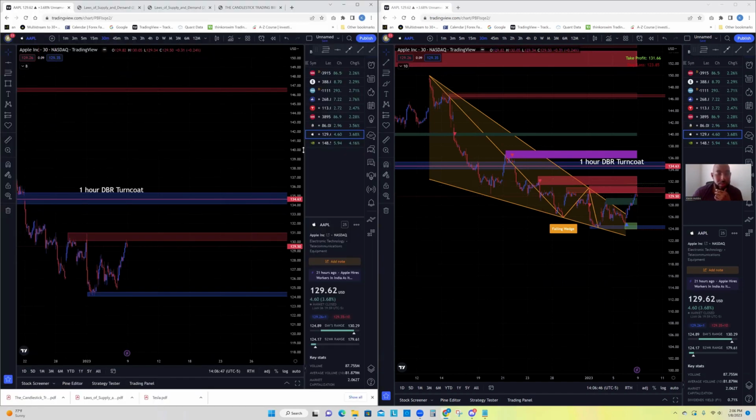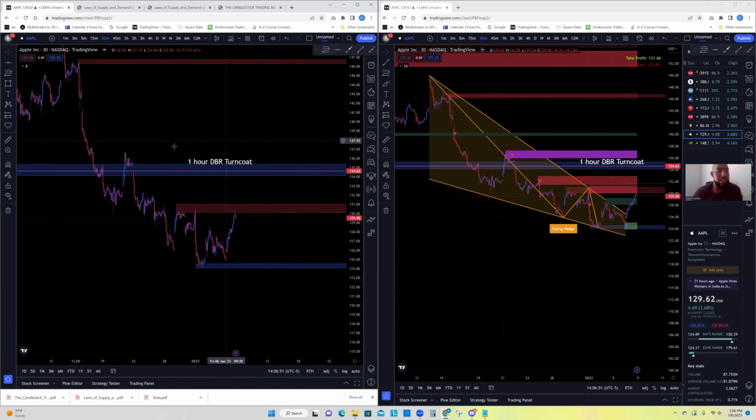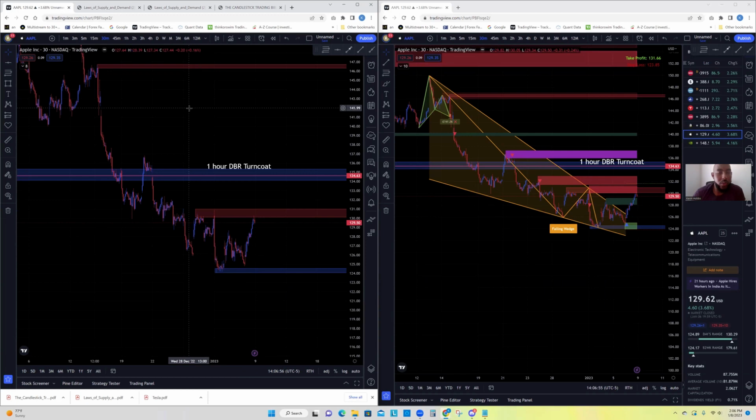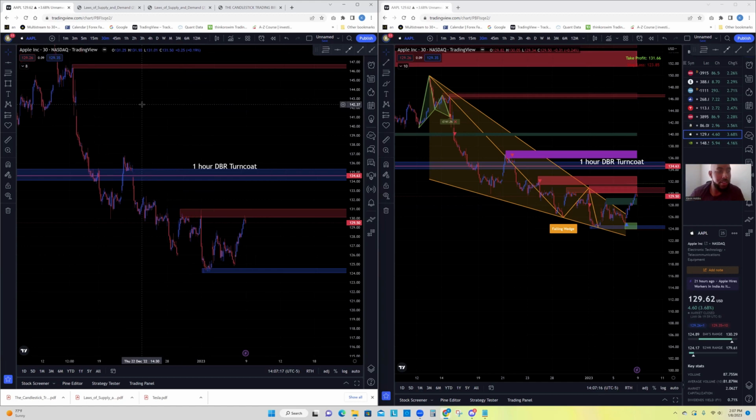If we look at this area right here, we could technically draw what we would call a falling wedge. It kind of confused me early on when I started to learn this. A falling wedge means we expect the market to reverse and go back up. A rising wedge means we expect the market to come back down. It's confusing, but once you learn it, you'll get it.